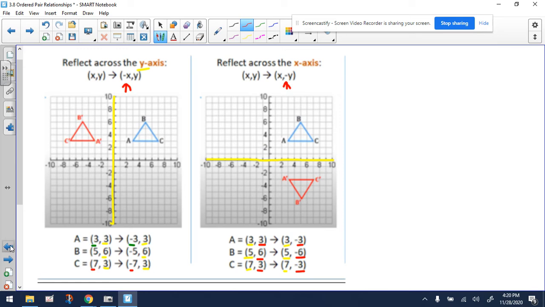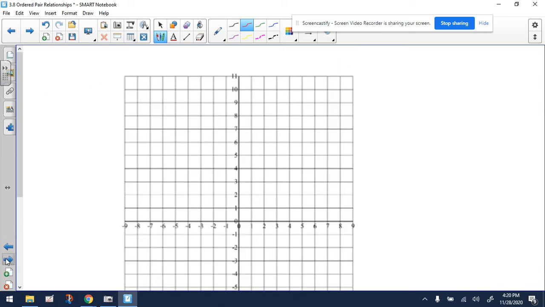Let's just do some simple reflections with not two-dimensional figures, but how about just one point? Let's plot something. How about we plot over 3, up about 4? All right, so we'll call that point A. Point A, the ordered pair for that is (3, 4).